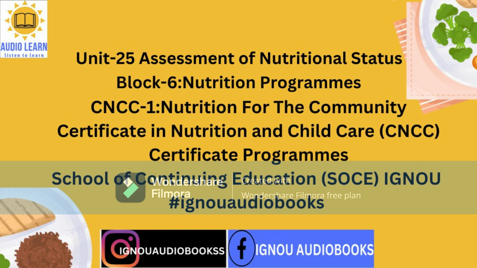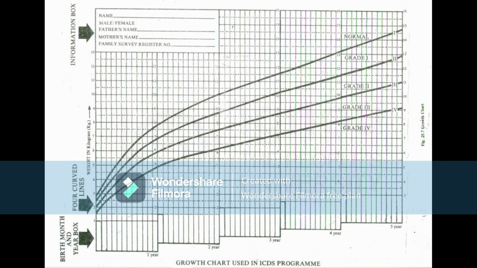Along the y-axis is the weight written in kg. At the bottom of the chart are 5 steps, each of which represents 1 year in the child's life starting from 0 to 5 years. Each step is further subdivided into 12 lines which represent the 12 months of the year. The first box on the extreme left has a thick dark outline. This is for birth month and year of the child.